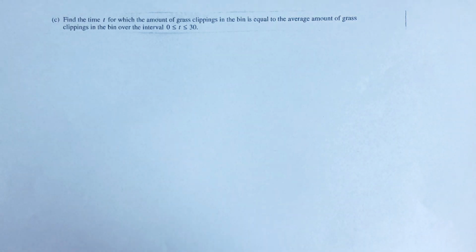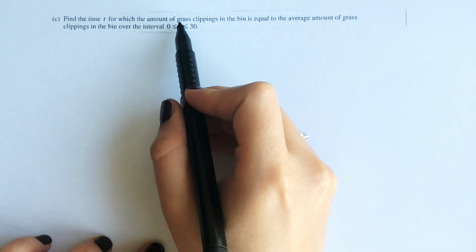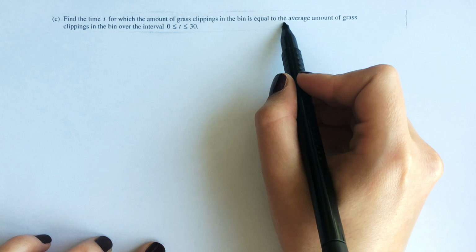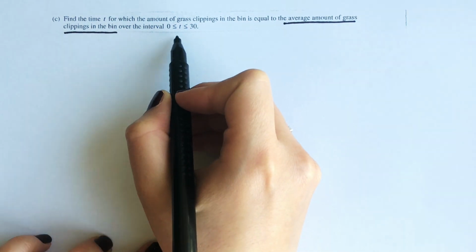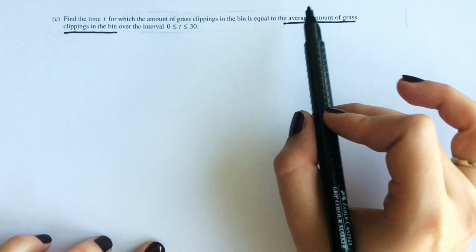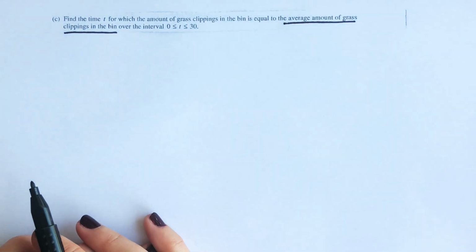Part C. Find the time t for which the amount of grass clippings in the bin is equal to the average amount of grass clippings in the bin over the interval 0 to 30. First we are going to calculate the average amount of grass clippings in the bin.